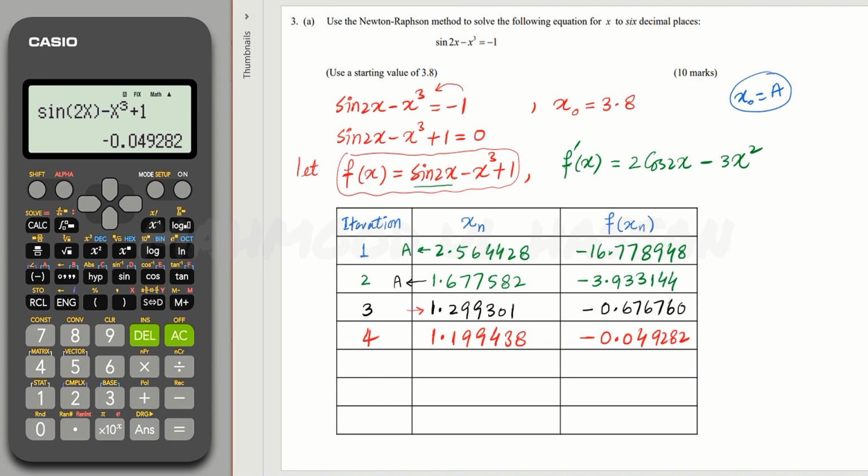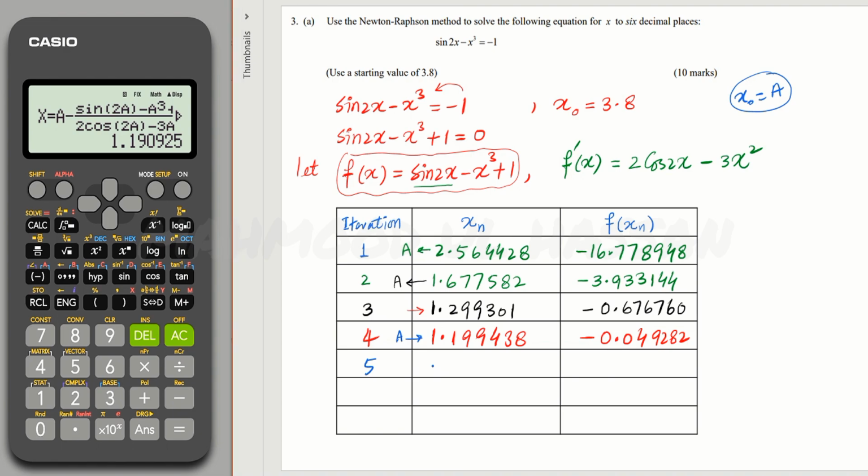Okay, now move to the fifth iteration. So again press the calc button, and here again you have to put the previous approximate value as an a. So that is in this case our 1.199438, and then press equal.